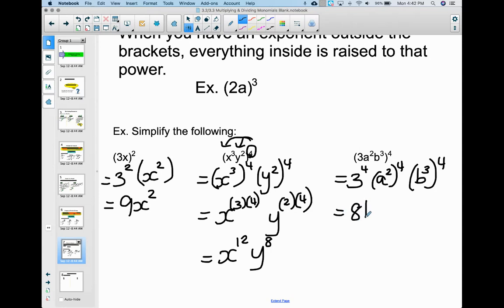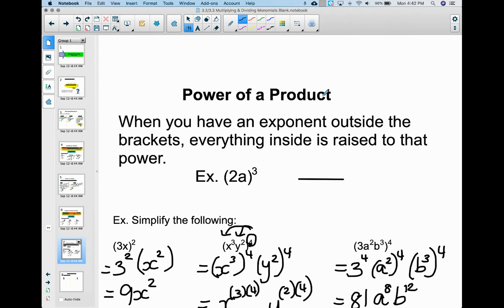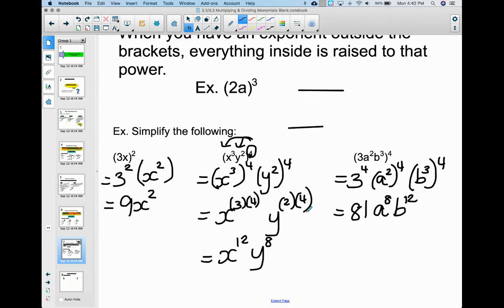A squared to the power of 4, we can simply multiply the 2 and the 4, which is to the power of 8. And b, simply multiply the 3 and the 4, to the power of 12. And that is how we look at power of products.